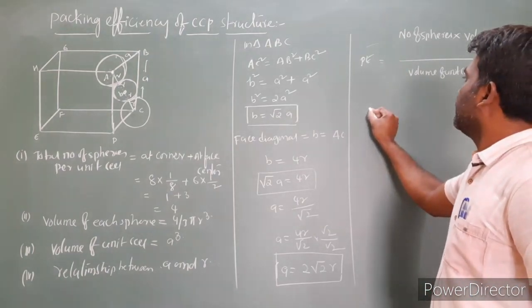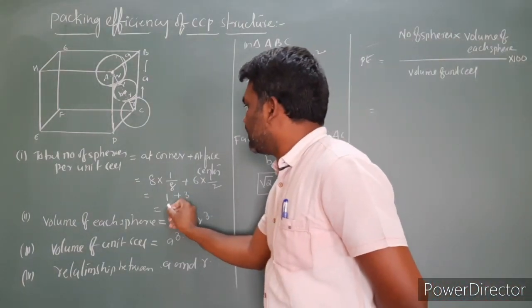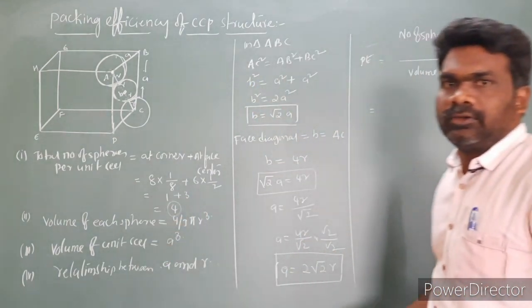Then simplify it. How many spheres do we have for the unit cell? 4. So substitute the value 4.